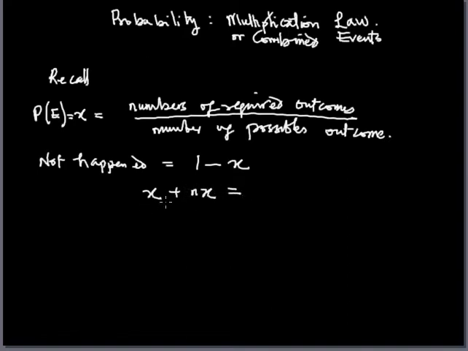If you add the two together, it will give you 1. So if you want to find nx, the probability of it not happening, nx is equal to 1 minus x. And that's what we've just written up here.